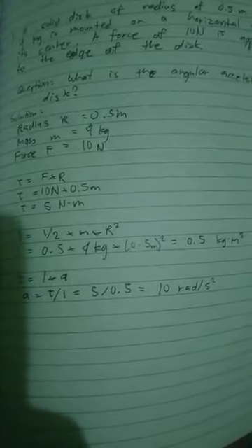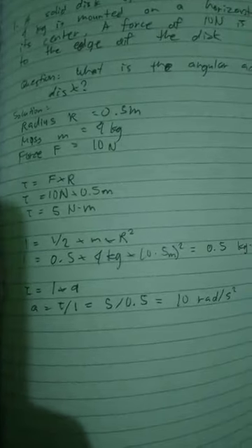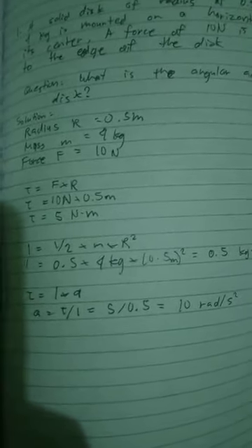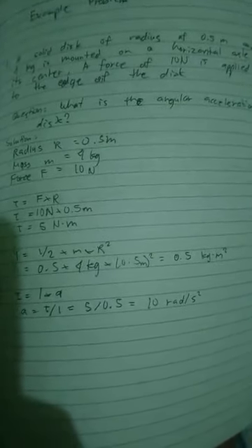To find the angular acceleration, we derive it from the formula torque equals inertia times angular acceleration. Then angular acceleration equals torque over inertia, which is 5 newton meters over 0.5 kilogram meter squared, giving us 10 radians per second squared.